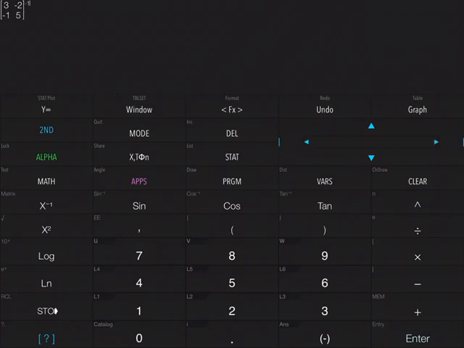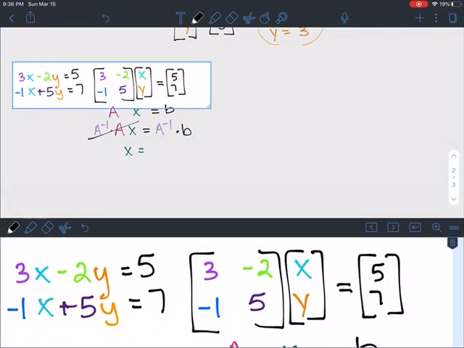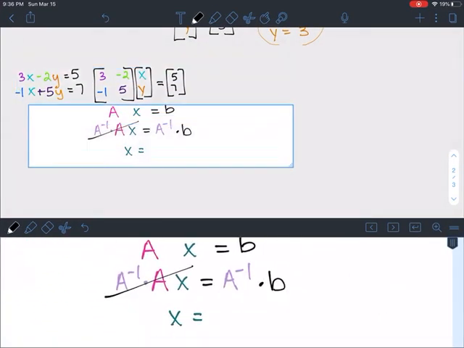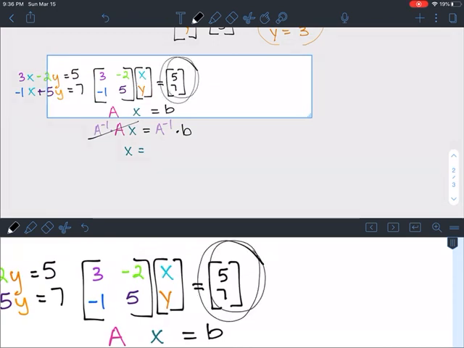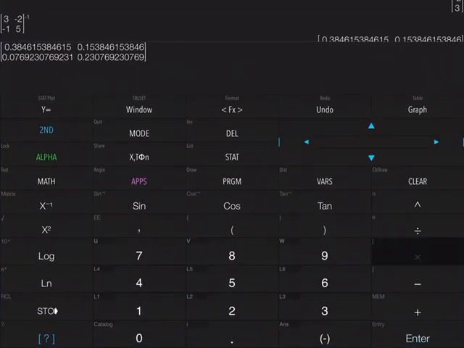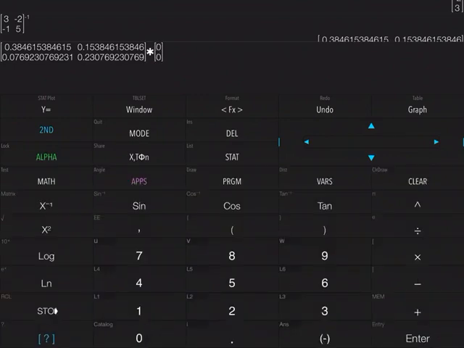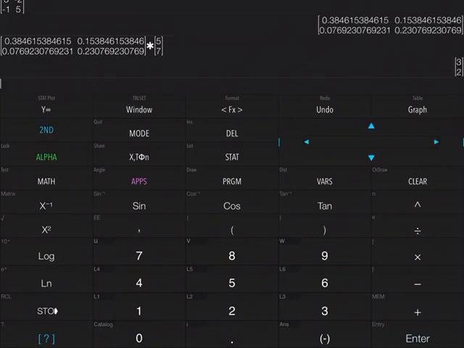I need to find my inverse here, so we take it to the negative first power. And there's my inverse. Just like before, we're going to multiply it by my B, this 5, 7 matrix, a 2x1 matrix. That is 5 and 7. And then we click enter.